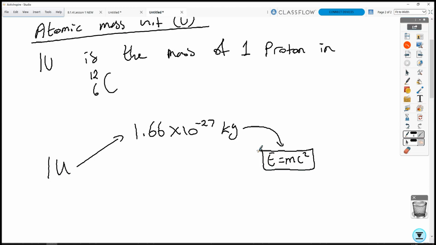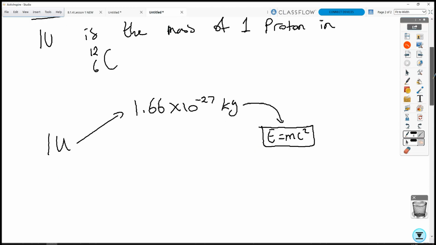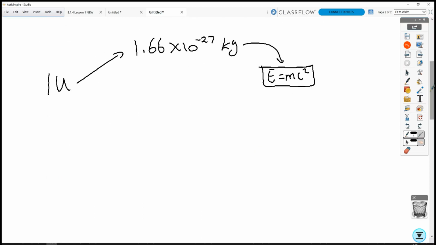We can convert it to energy in joules, then we can also convert it to energy in electron volts, because we just do a conversion of units. So, in joules, this will give us 1.5 times 10 to the minus 10 joules.